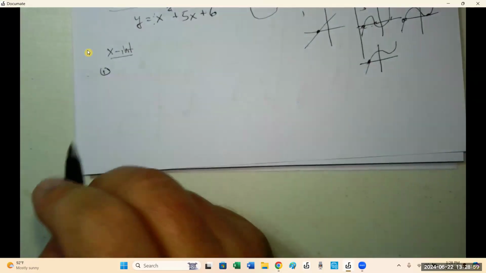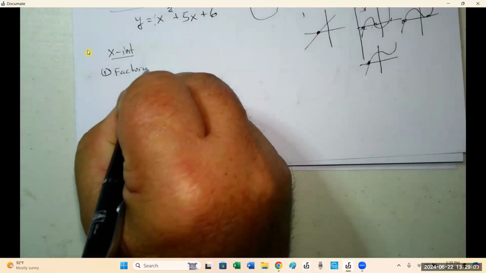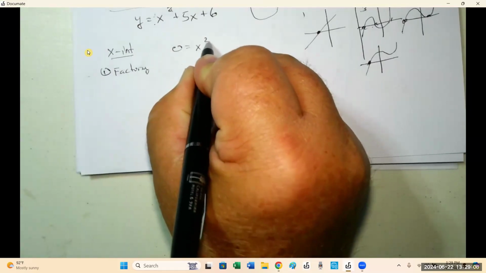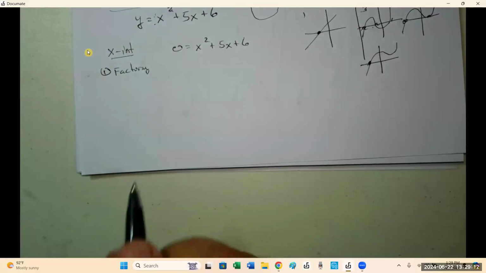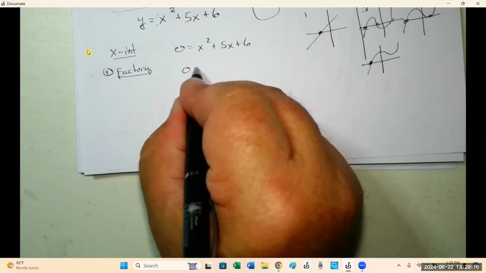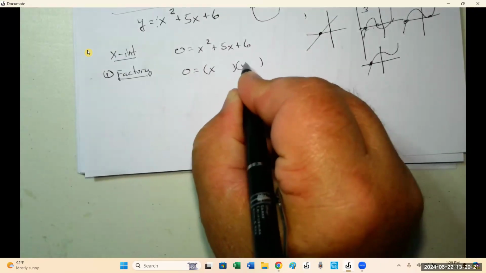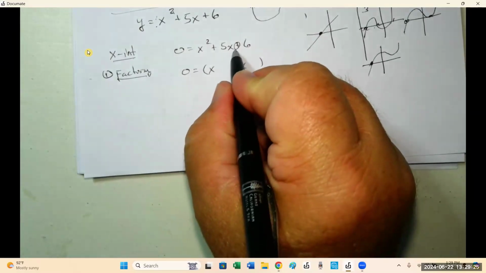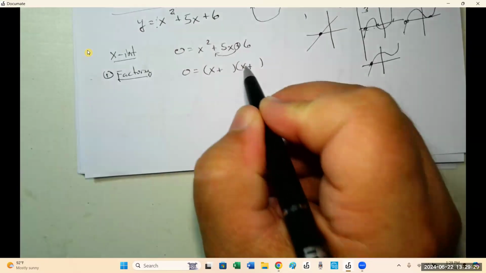Remember last section, we could do it by factoring. So we have to set it in standard form first. If it's factorable, x and x, look at the second sign. It's a positive, so that means there are same signs. It's whatever the first sign is.